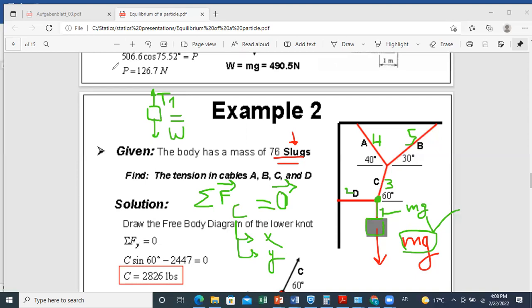Okay, what are your 2 unknowns here? You already have the tension in cable 1, so you still have to find the tension in 2 and the tension in 3. Okay, so let us project forces along X and Y to get what T2 and T3 are.